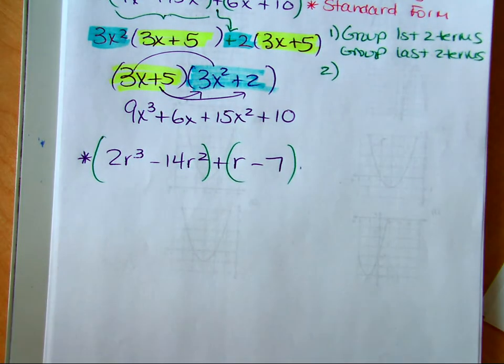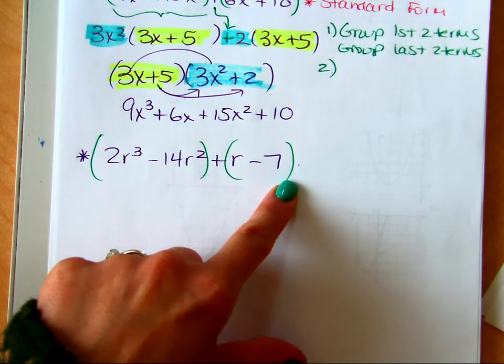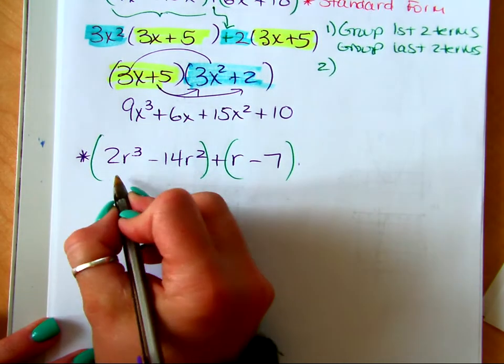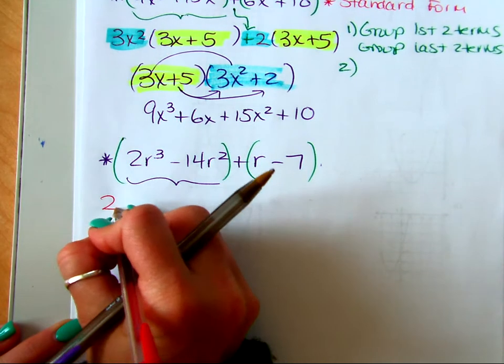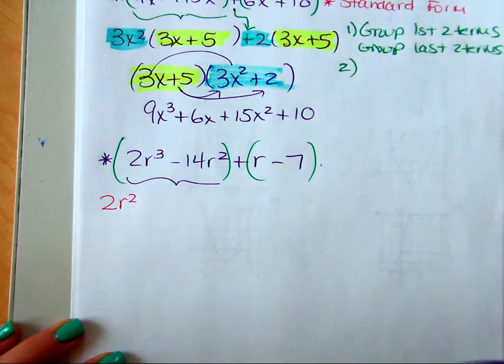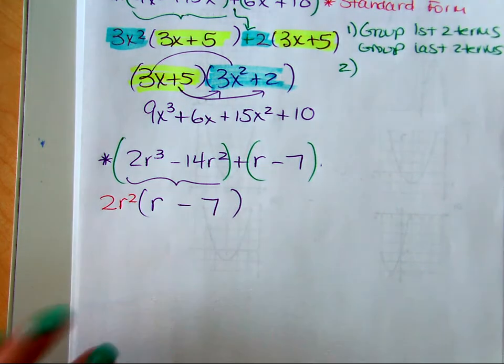I'm going to do 2 mini problems. I'm going to pull the GCF out here, pull the GCF out here. Okay? But, so what does this have in common? A 2 and an R squared. What's left after that? An R minus 7. So this is the first thing weird that happens.